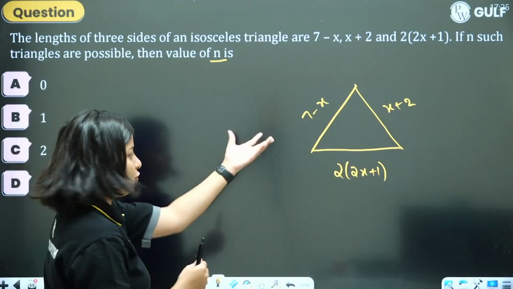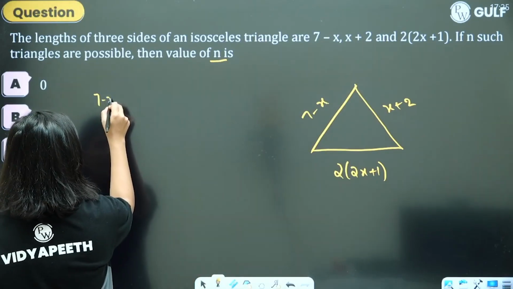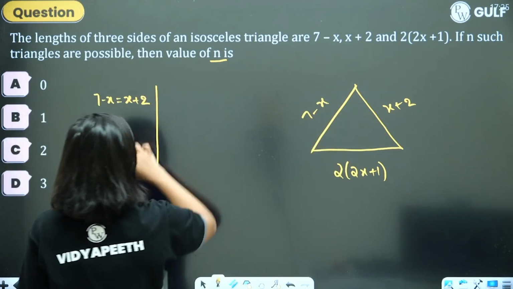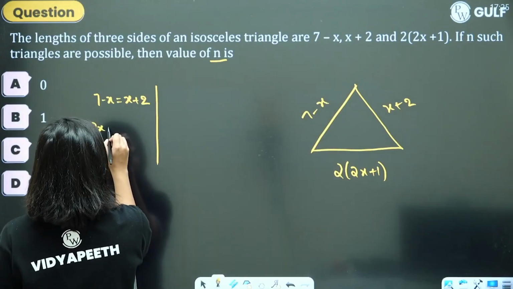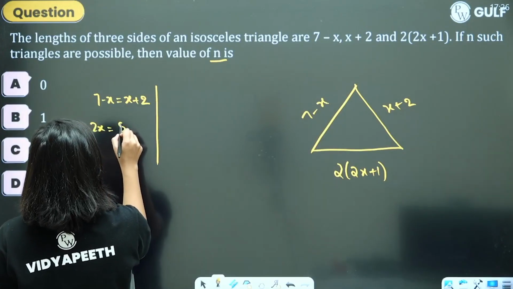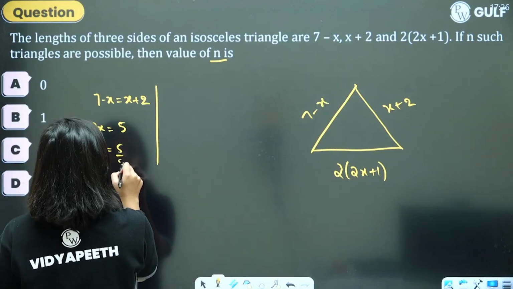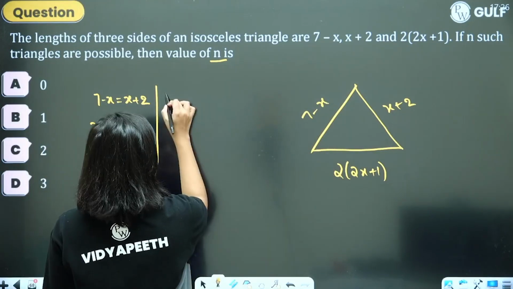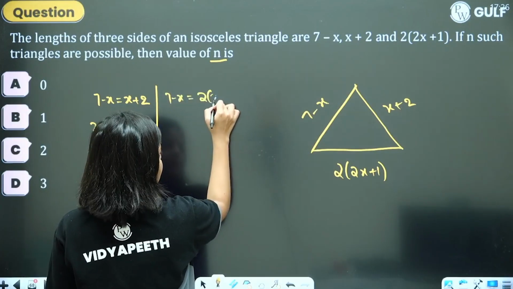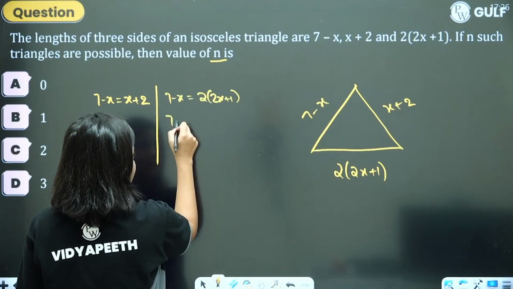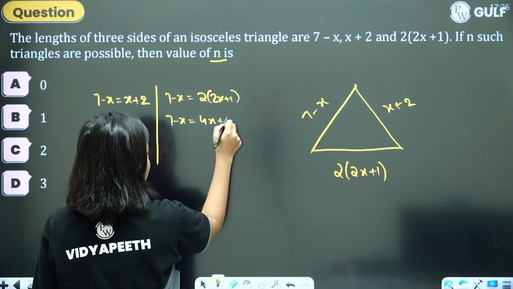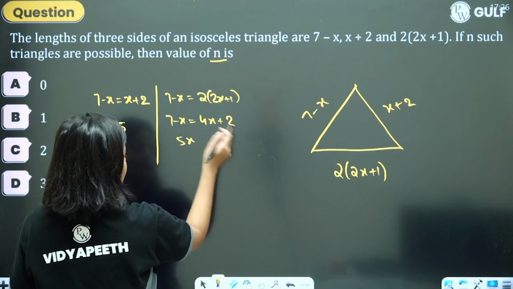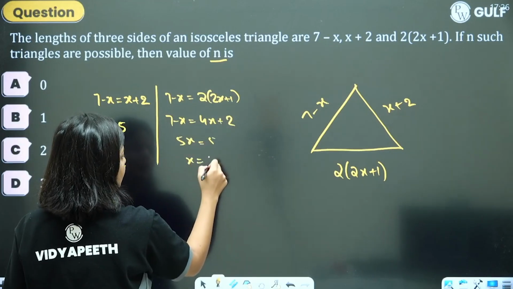Substituting and solving: for an isosceles triangle, any 2 sides will be equal. So if I consider these 2 sides equal, 2x is equal to 5, x is equal to 5 by 2, right? If I consider these 2 sides as same, 7 minus x is equal to 2 times 2x plus 1. 7 minus x is equal to 4x plus 2. 5x is equal to 5 and x is equal to 1.